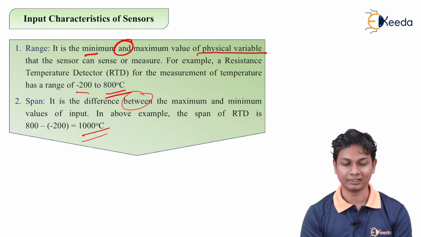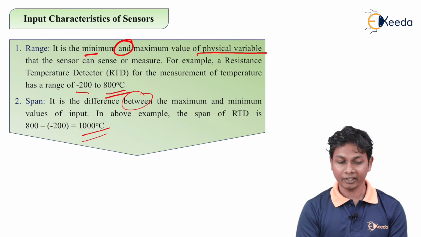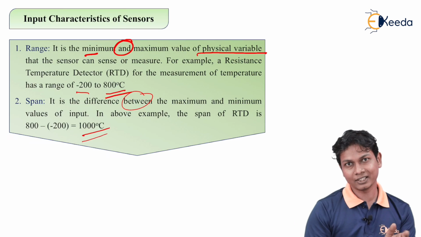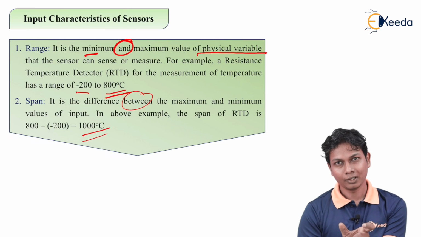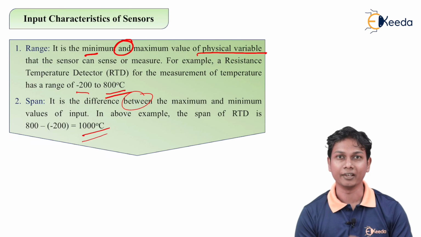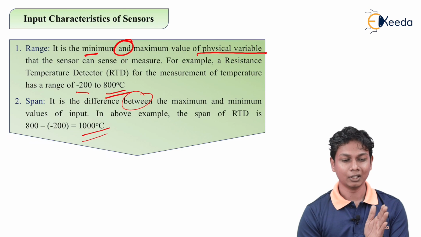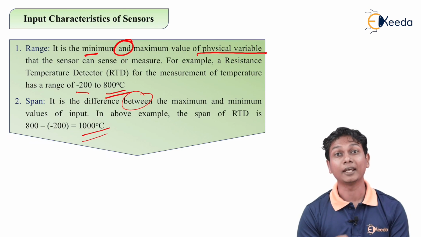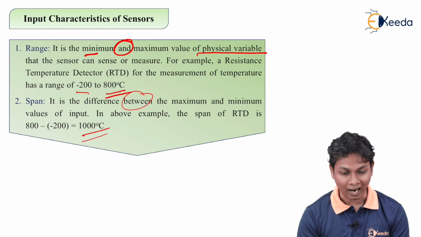1000 degrees Celsius. As you see here, if the minimum value is less than 0, the overall span of a particular sensor is higher. But if the minimum value is greater than 0, the span of a sensor can be less. Take the same RTD example.